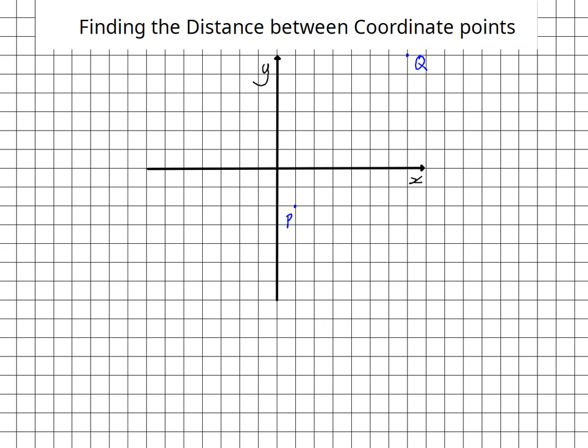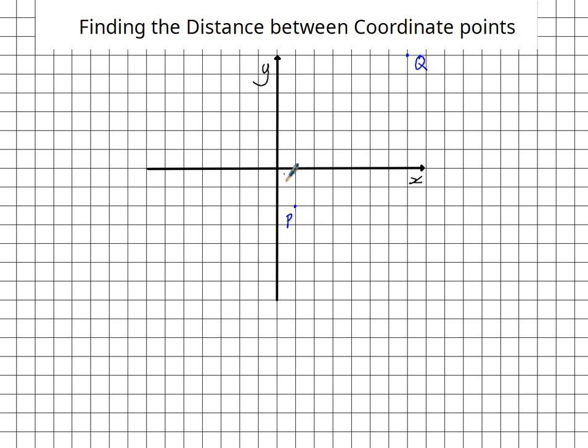Okay, in this one, our coordinates are in slightly different positions. So we're not just working in this top quadrant, where we have a positive y and a positive x value in the coordinate. So this time, I'm just going to write down what the coordinates are. So we're going 1 along and down by 2.